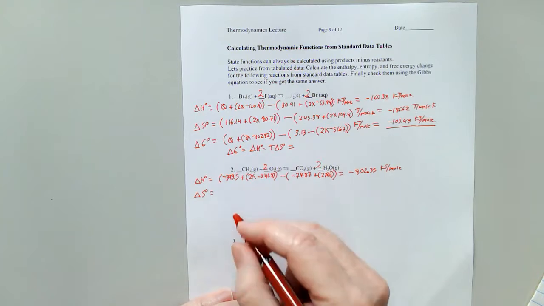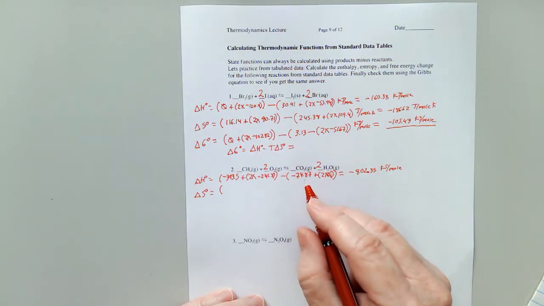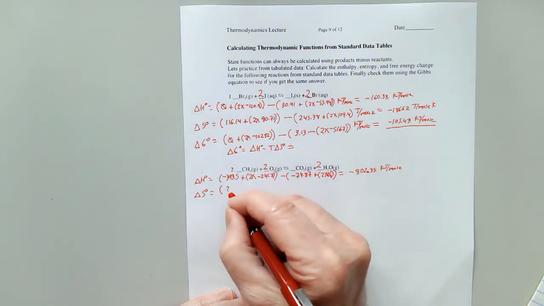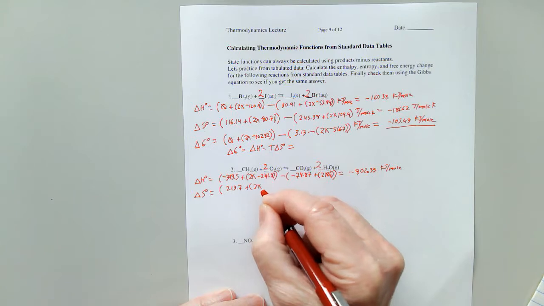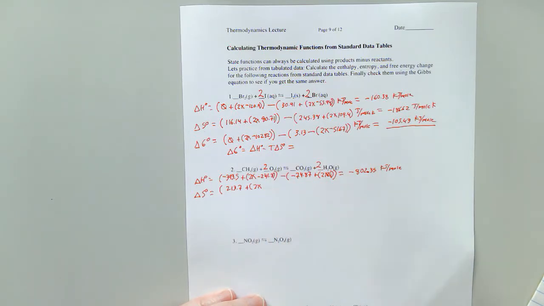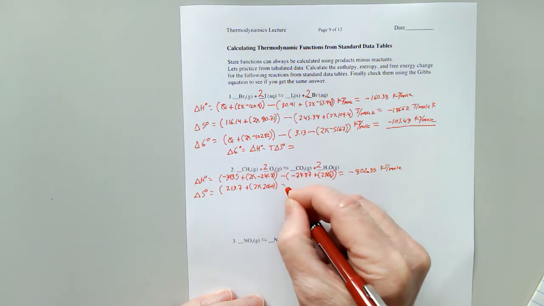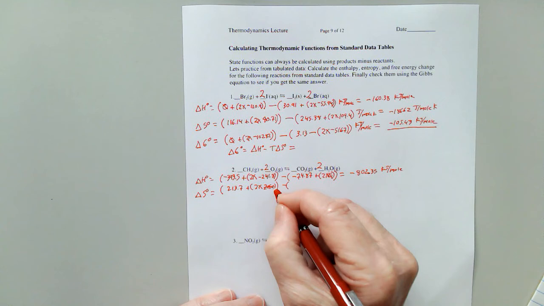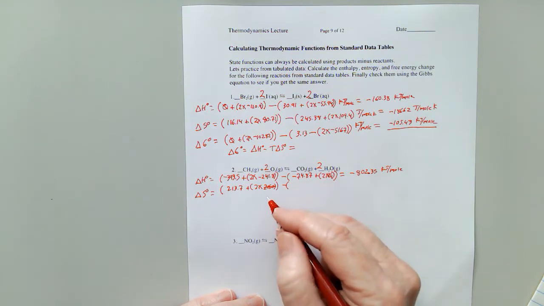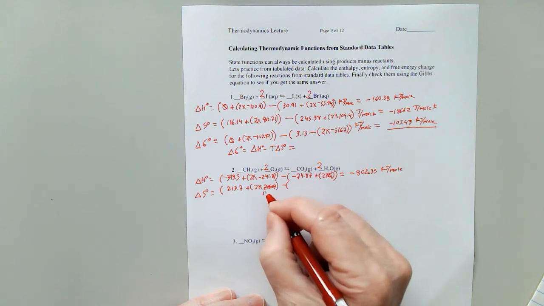Delta S naught equals, now my value for CO2, that's 213.7, plus 2 times my value for O2, which is going to be 205.0. I'm sorry, that should have been for H2O, so let me correct that. That should be 188.72.